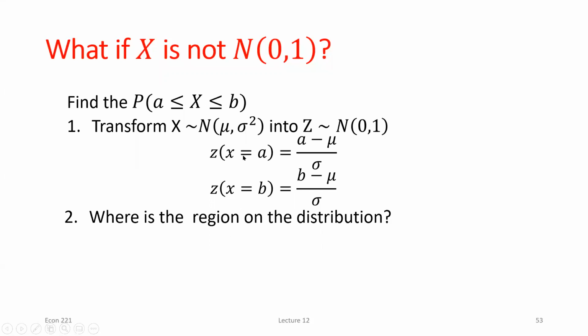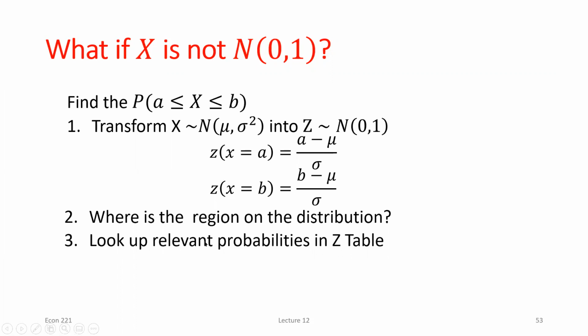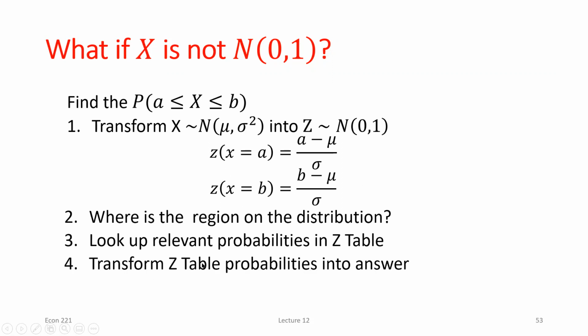Well, it's the area in between these two z-scores, right? The x is in between a and b. We can look up the area to the left of each of these z-scores from the table, and then we might have a little bit of work to do using those probabilities to find exactly what we want. So these are the general steps.